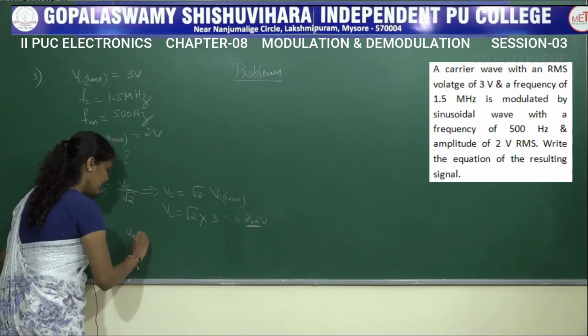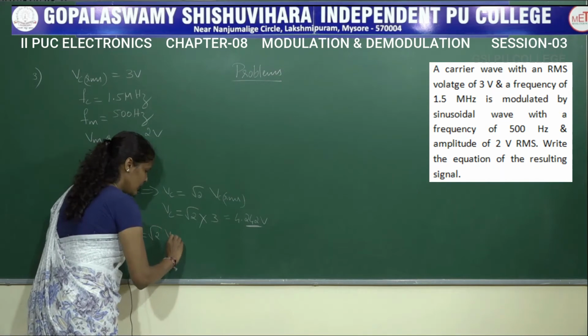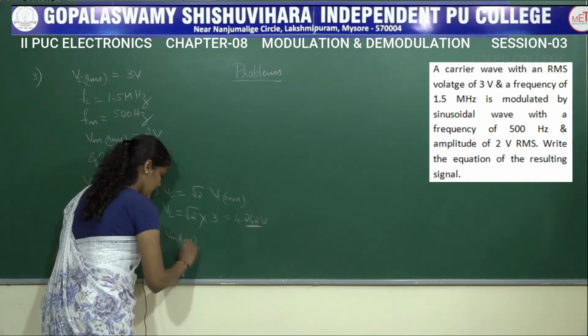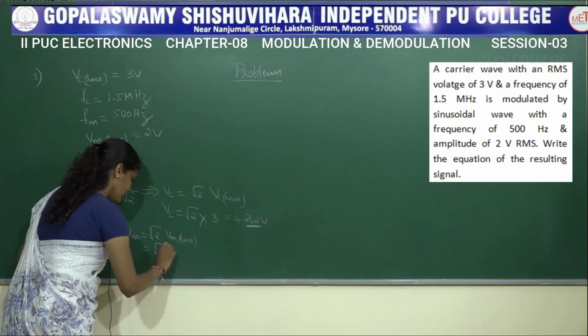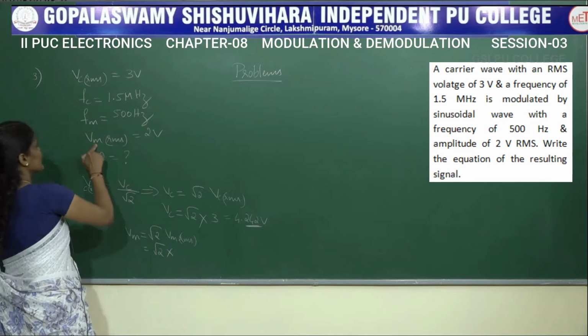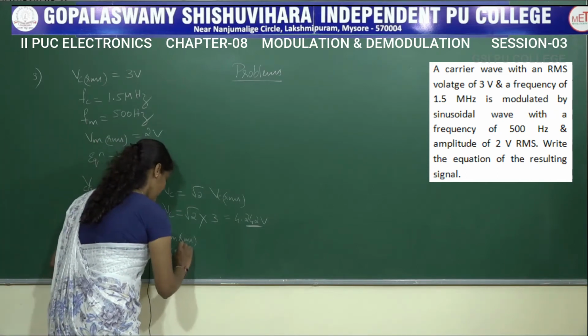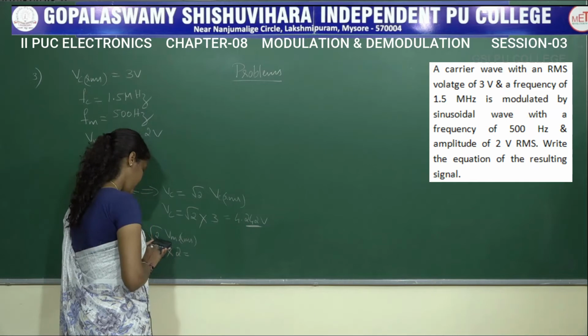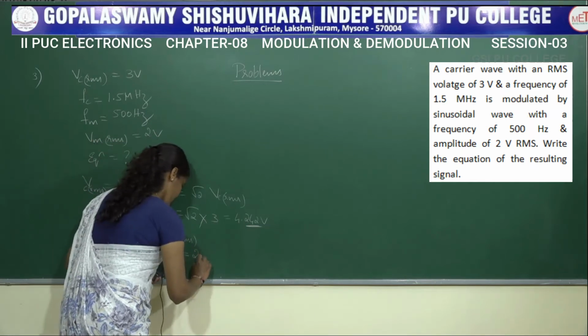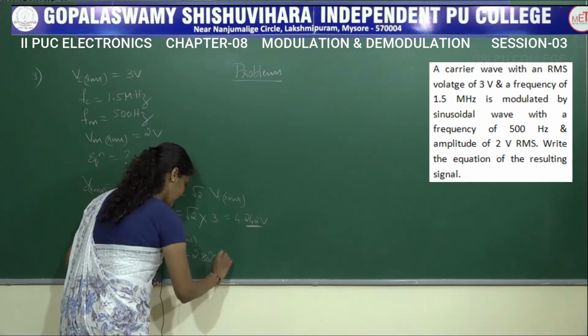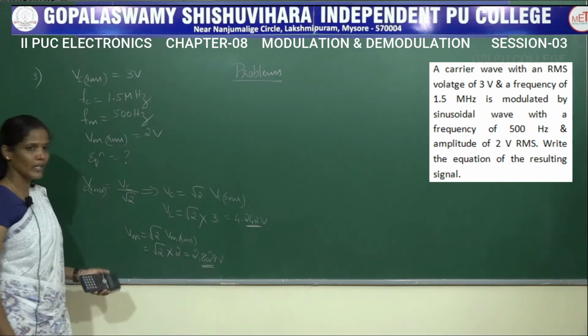Similarly, Vm equals root 2 into Vm RMS. So Vm RMS is given as 2 volts. So I will be left with root 2 into 2 gives me 2.828 volts. So these are the peak values.